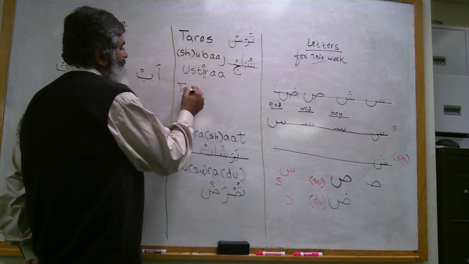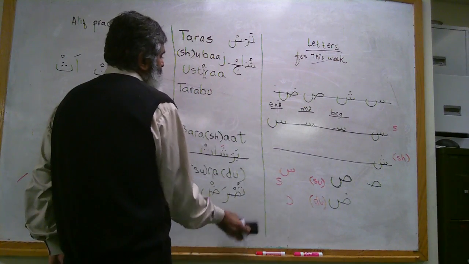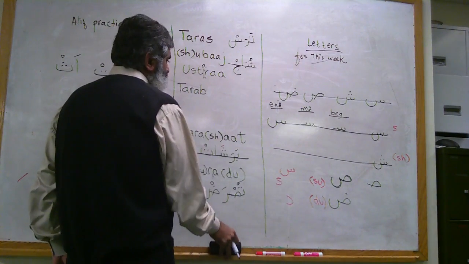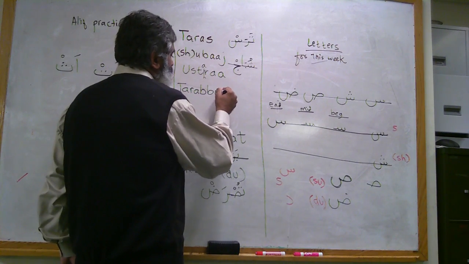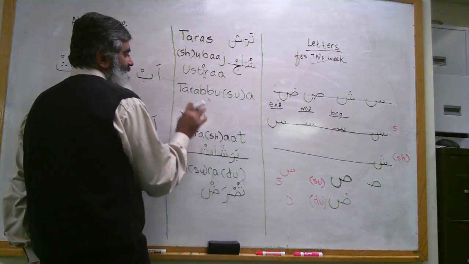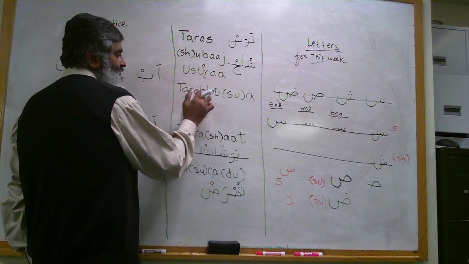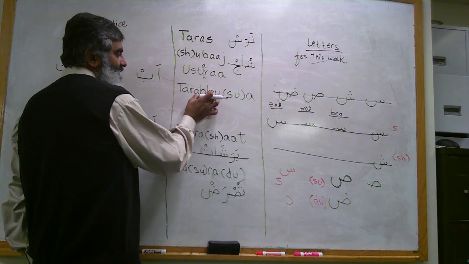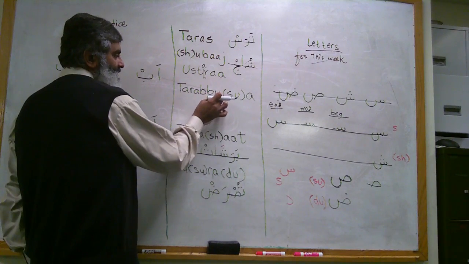In Quran, one of the words similar to this one happens. Tarabbus. So ta with fatha, ra with fatha, two B's, two same non-vowel letters next to each other. First one has a sukoon, second one has a vowel.